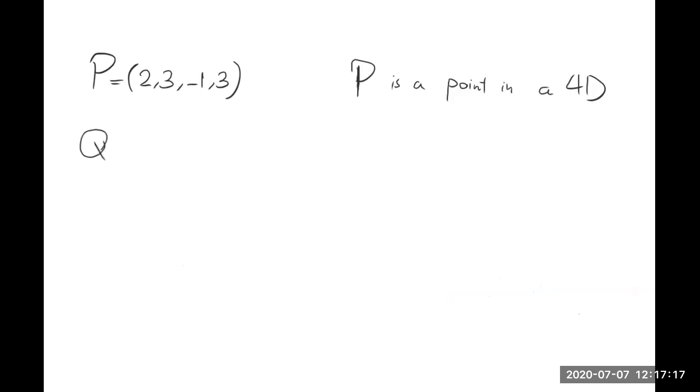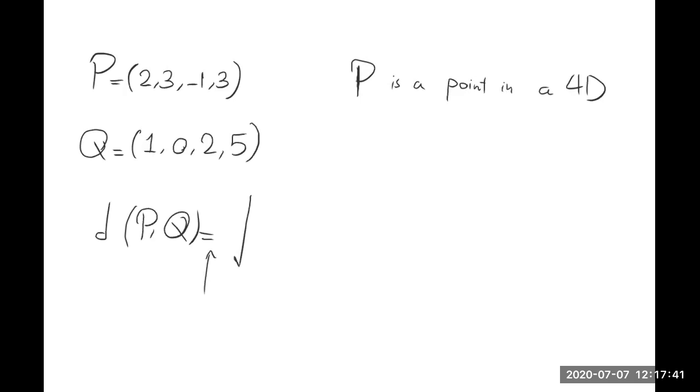So if Q is another point, there should be something like 1, 0, I don't know, 2, 5. These points should be the coordinates in 4-dimensional space, right? And if they ask me, what is the distance between P and Q? Although I cannot see this 4-dimensional space, I can use the same method, which I told you is actually the Pythagorean theorem, although we are writing it in a slightly different way.